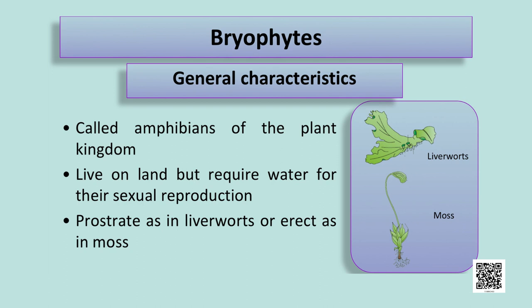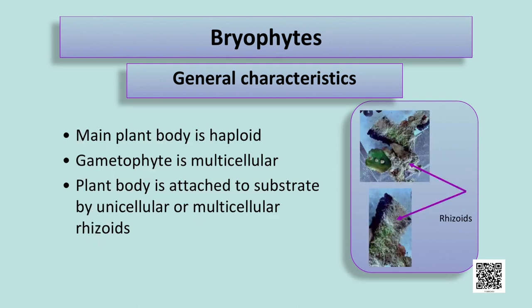In both cases, no vascular tissue is present, so they are thalloid organisms, but the plant body is more differentiated than that of alga. The main plant body is gametophyte and is haploid. It is multicellular. The plant body is attached to the substrate by unicellular or multicellular root-like structures called rhizoids.